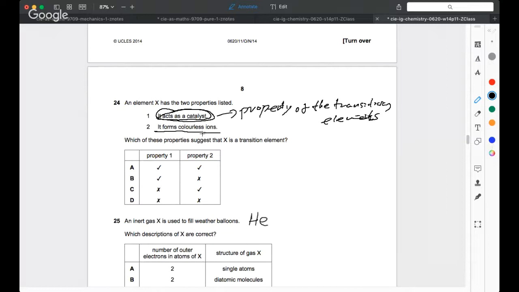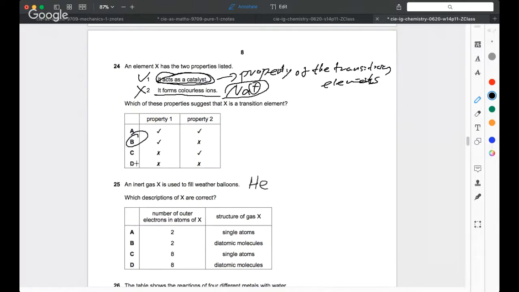However, colorless ion is not a unique property because, for example, sodium cation gives you a colorless solution. It does not have a color, but it's not a transition element. So one suggests it is a transition element, but two doesn't. So the right answer is B.